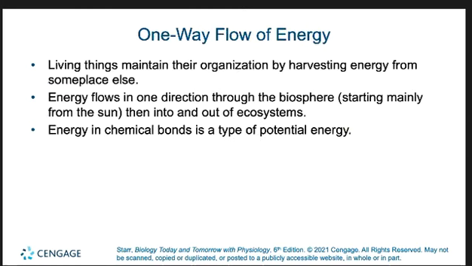Living things maintain organization by getting energy from other places. Energy flows through the biosphere and then out into ecosystems. And energy in chemical bonds is a type of potential energy, okay?